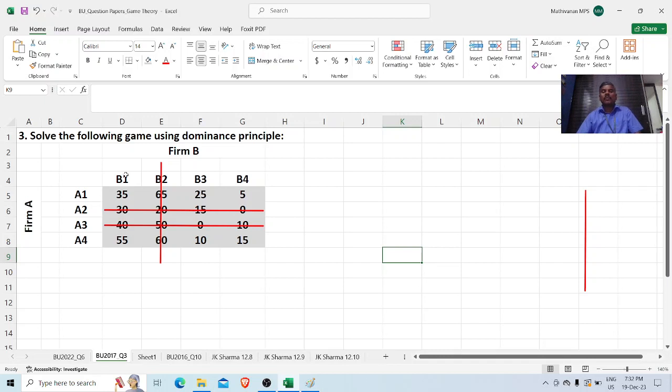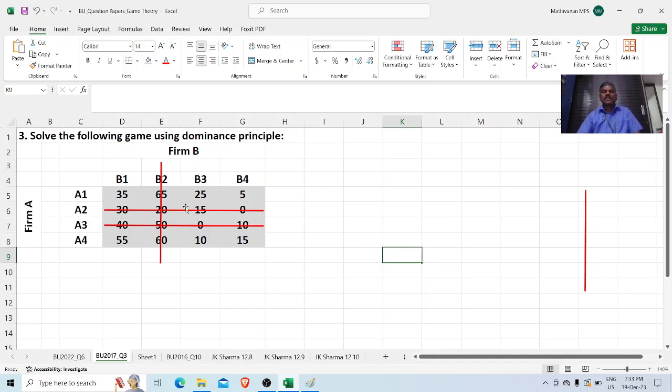We will compare B1 results and B3 results. We notice that B1 compared to B3 results in more losses. 35 point loss, 25 points loss. 55 points loss, 10 points loss.